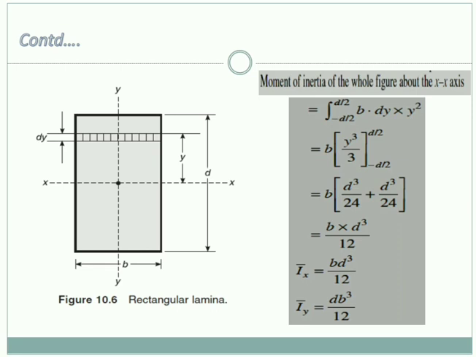Similarly, when we find moment of inertia about y axis, we will get the solution as db cube by 12. So these both are our required moment of inertias of the rectangle about the centroidal axis. We needed to find moment of inertia of a figure about centroidal axis, which we have found out.